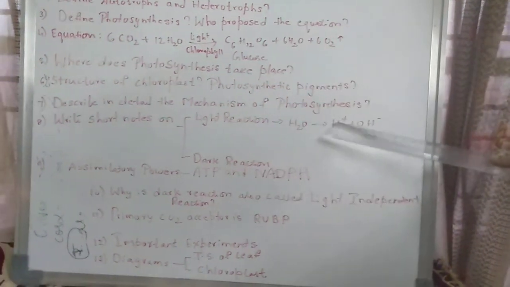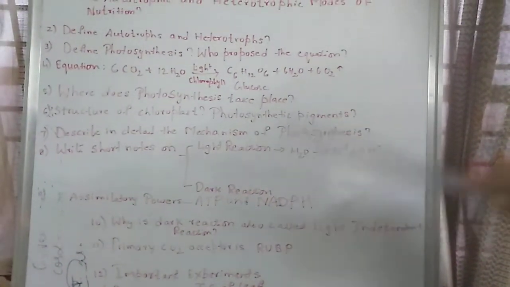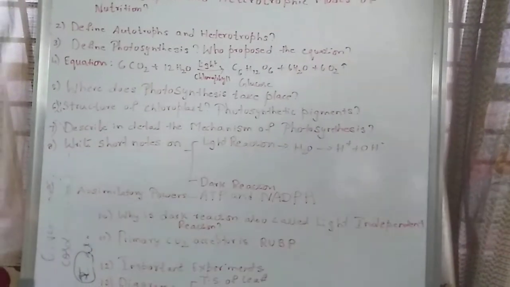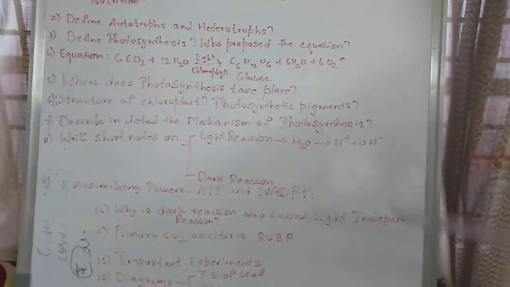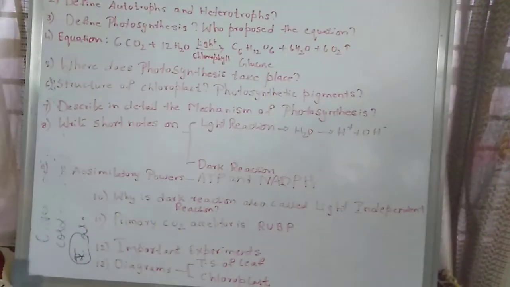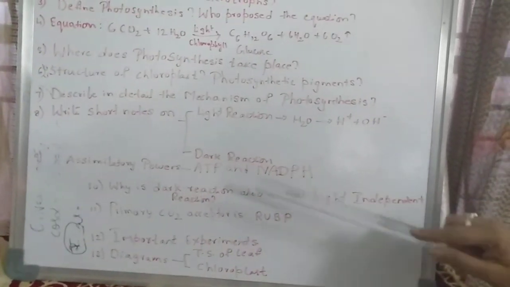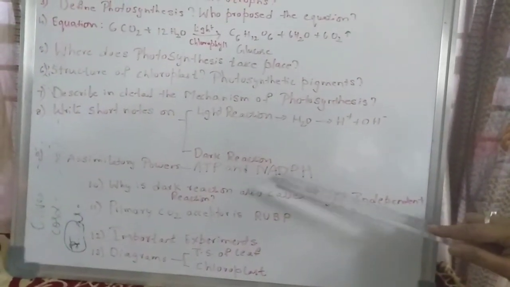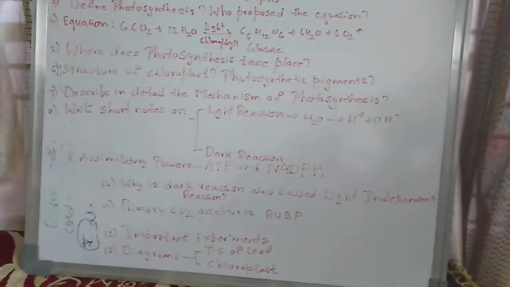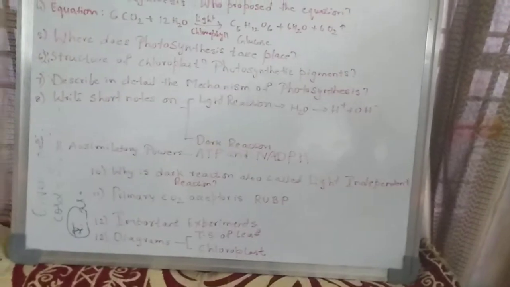Then what happens to this hydrogen ion that is liberated as a result of photolysis of water molecule? This hydrogen ion is accepted by a complex compound called NADP, which is nicotinamide adenine dinucleotide phosphate, and it gets reduced to NADPH.